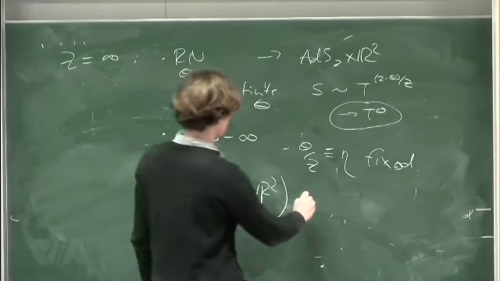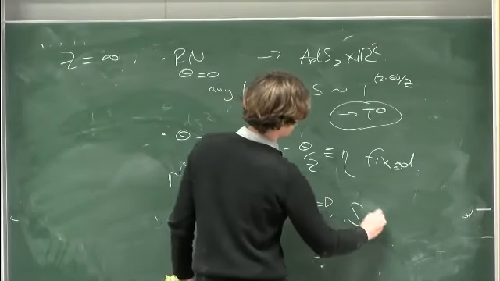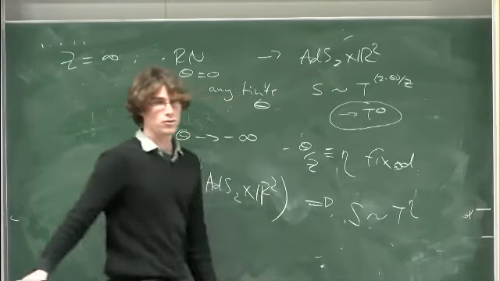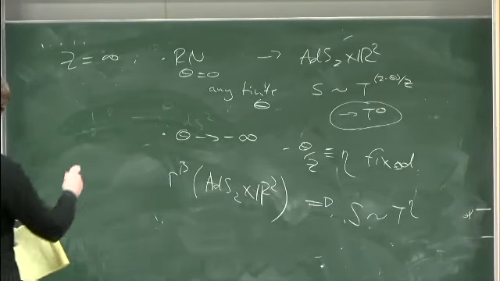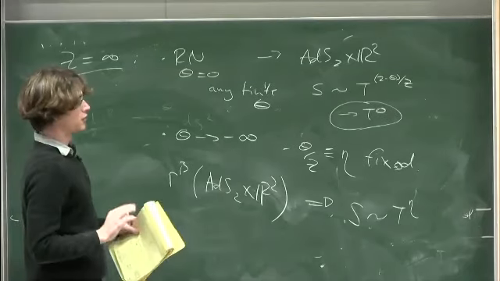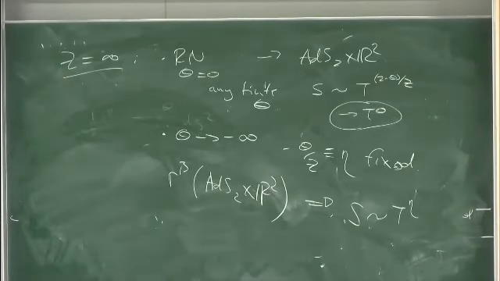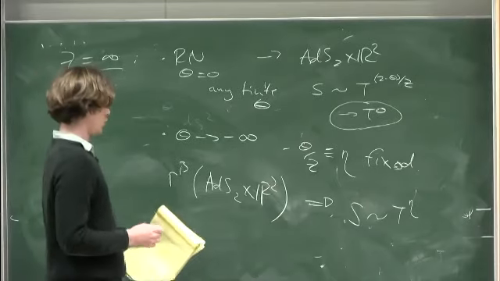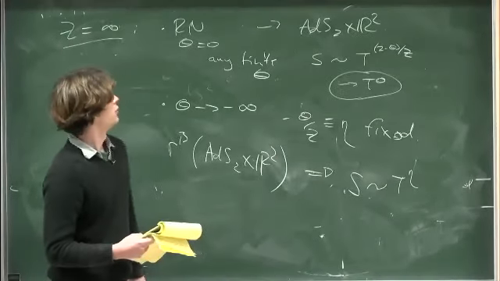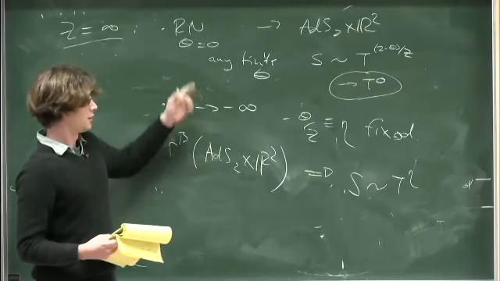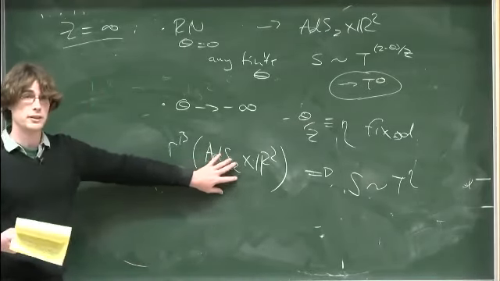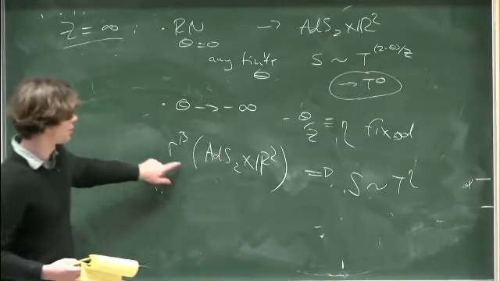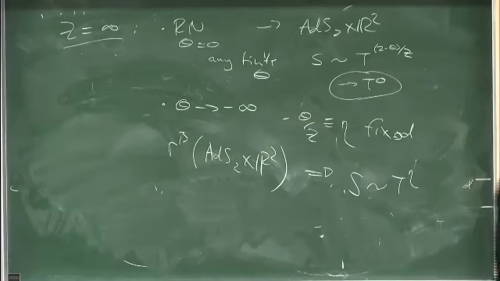And for these, the entropy density goes like T to the eta, which goes to 0 at low temperatures. So z equals infinity is not synonymous necessarily with a ground state entropy density. Good. And this one, as I just learned earlier today, can also be realized in string theory.